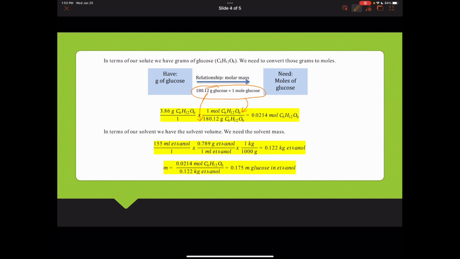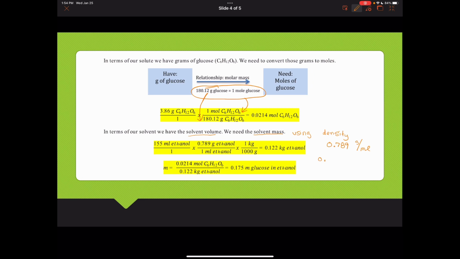Now the other thing we need is the solvent kilograms. In terms of our solvent, we have the solvent volume. We need the solvent mass. We're always going to relate volume and mass using density. And we were provided with the density of the solvent. We were told that that solvent density was 0.789 grams per milliliter.